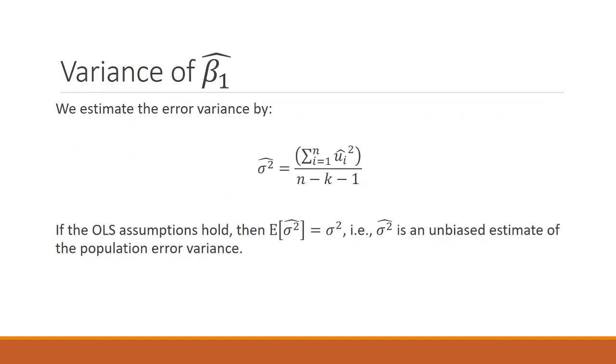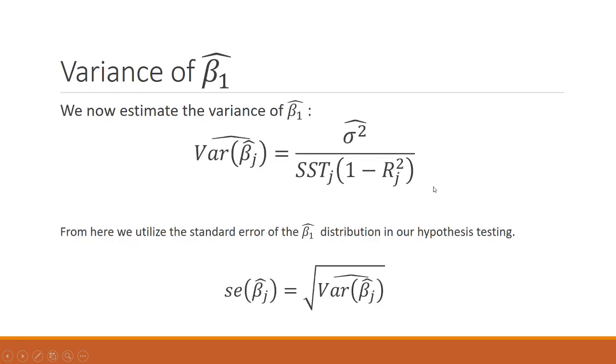This is a review from last lecture. We estimate the error variance using the residuals. And then once we've estimated the error variance using the residuals, we estimate the variance of the coefficient estimate.